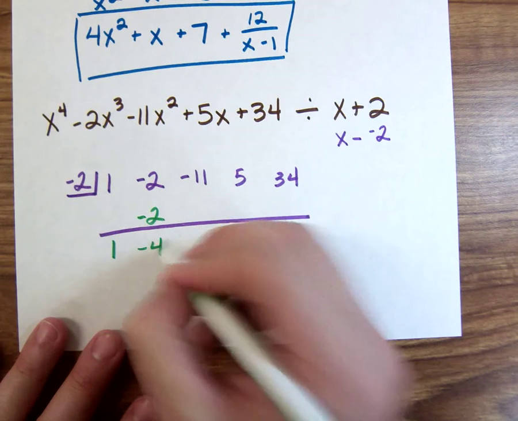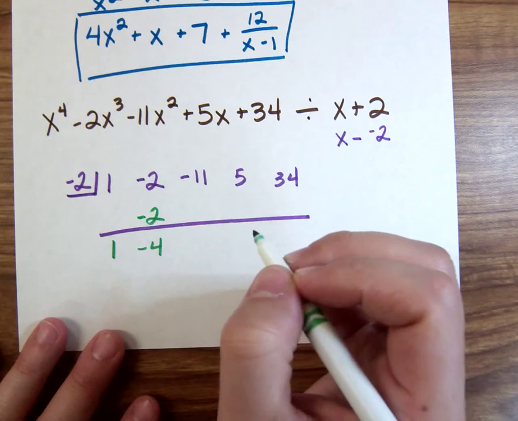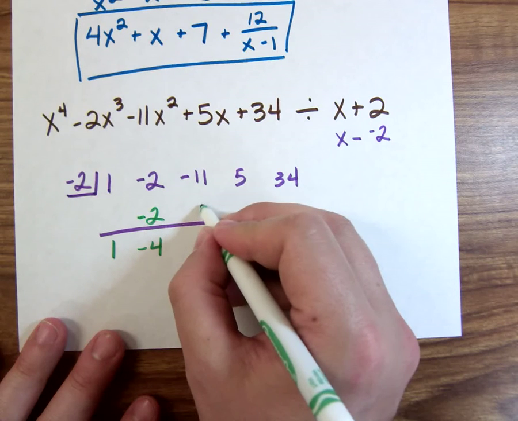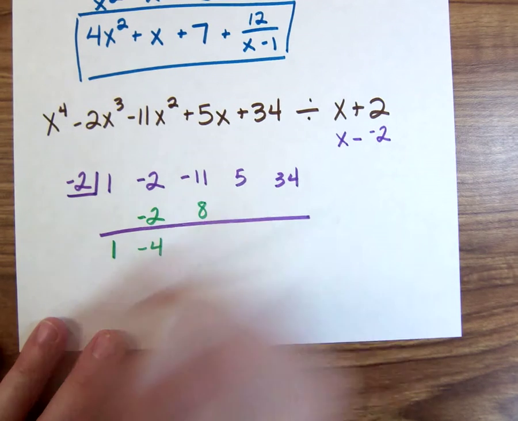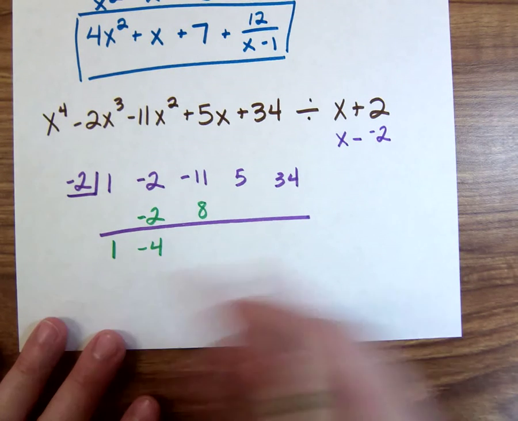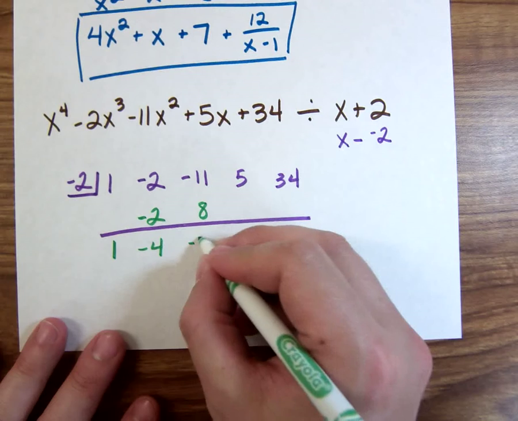How about positive 8? Negative times negative is positive. Good job. Then we add them. Negative 11 plus 8, negative 3.